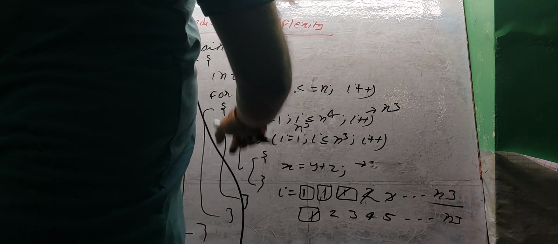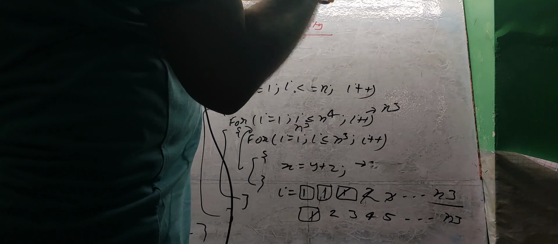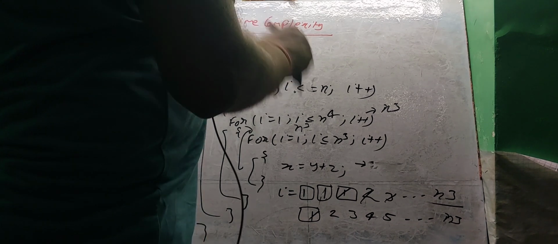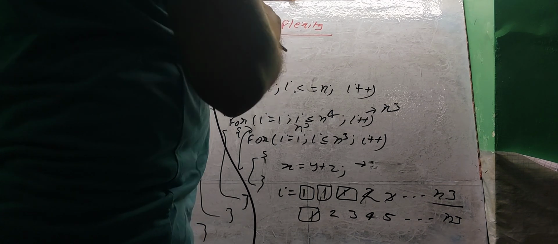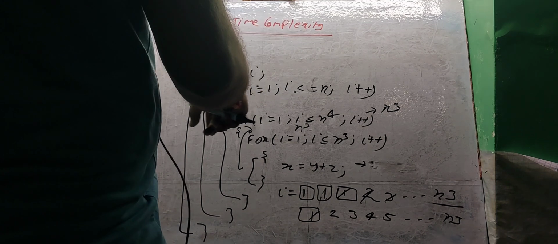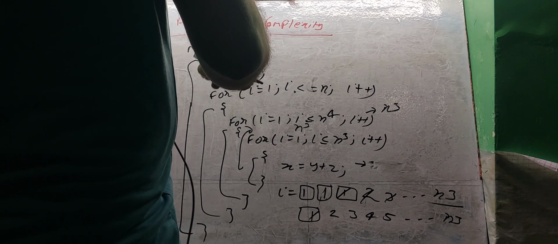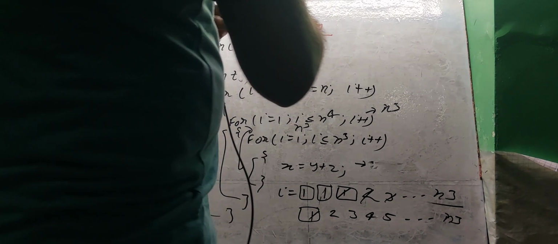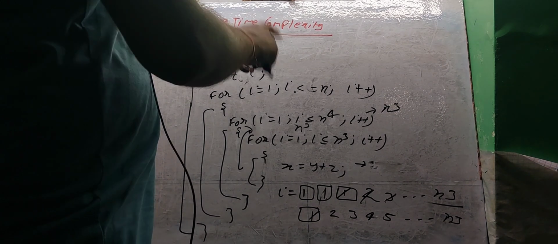This will keep on going again and again: the third loop will execute for n cube times, terminate, and go to the second loop. There the second loop is less than n to the power 4, so it will enter the third loop again. So this will never terminate, and this is not an algorithm actually, because if a loop is not terminating, it is going to be an infinite loop.